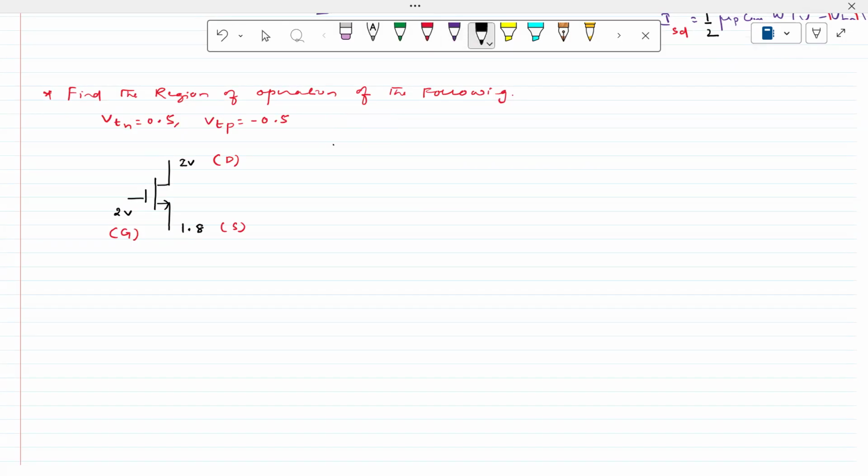That is decided by the VGS value, which must be compared with VTN. What is the VGS value? The gate potential is at 2, the source potential is at 1.8, and the threshold voltage is 0.5. So VGS is 0.2 and this is 0.5.